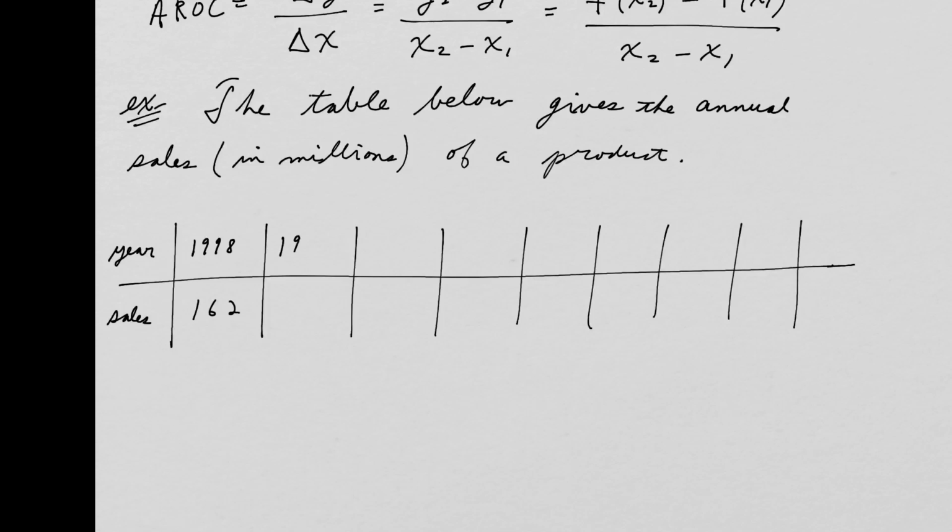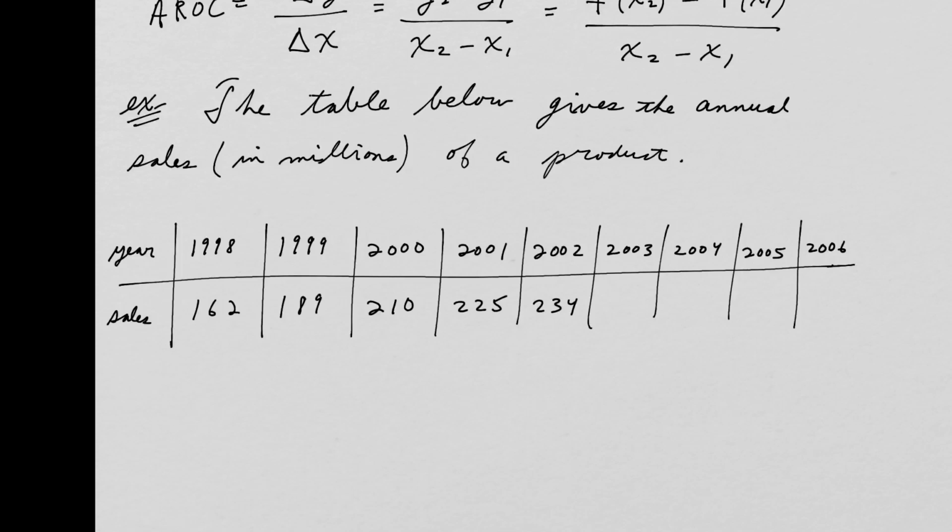If the year is 1999, sales are 189 million, and so on. Okay, and then 210.